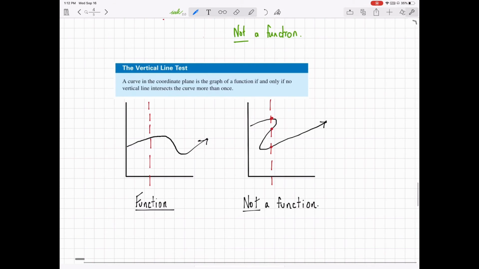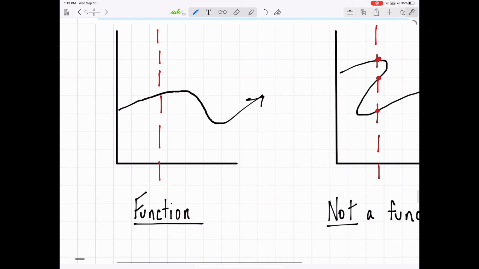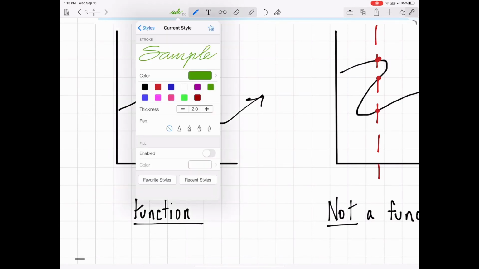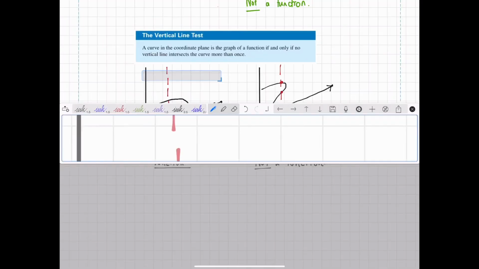Okay, so this is the vertical line test that a lot of you have seen before. Let's look at the first one that says a function. So we're looking at this one. That is a function because no matter where I go, if I go up to that, it gives me 1.